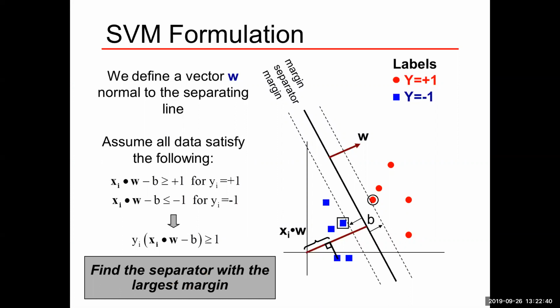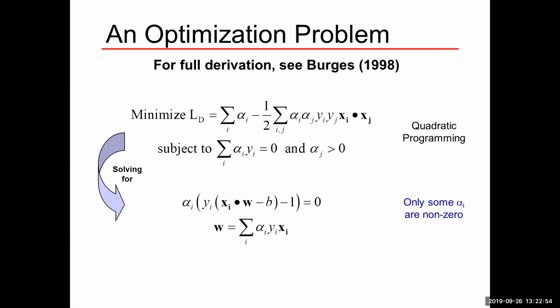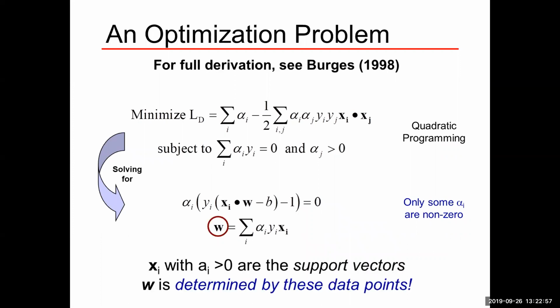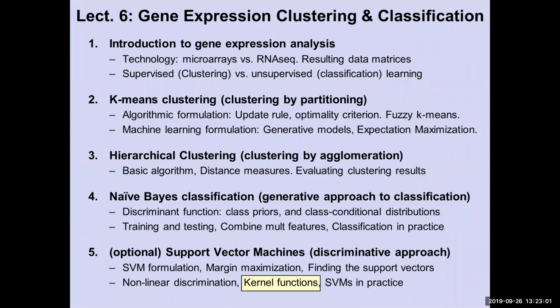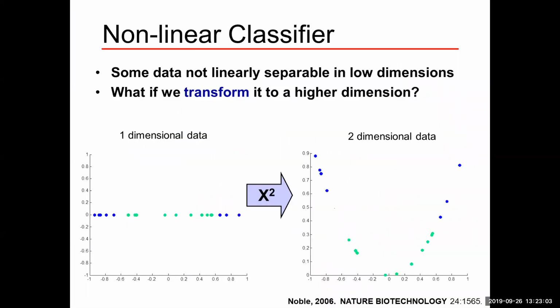Where SVMs get really powerful is that they're not just looking at 2 dimensions, they're looking at many dimensions, and they're not just looking at linear functions, they can have non-linear discriminative boundaries. How is that possible? By mapping the space into a different space.